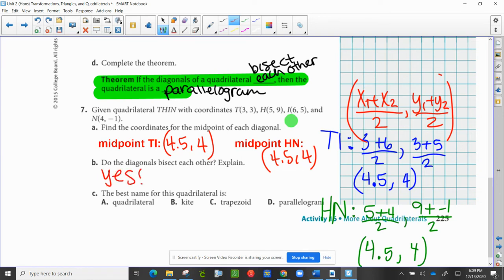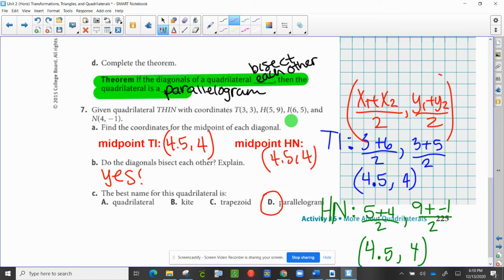So their middle is the exact same on each line. If they both have the same midpoint, then that means they're bisecting each other. They're both passing through the same point as it's being cut in half. So we proved that the diagonals bisect each other, and that is a way that we could prove that something is a parallelogram.